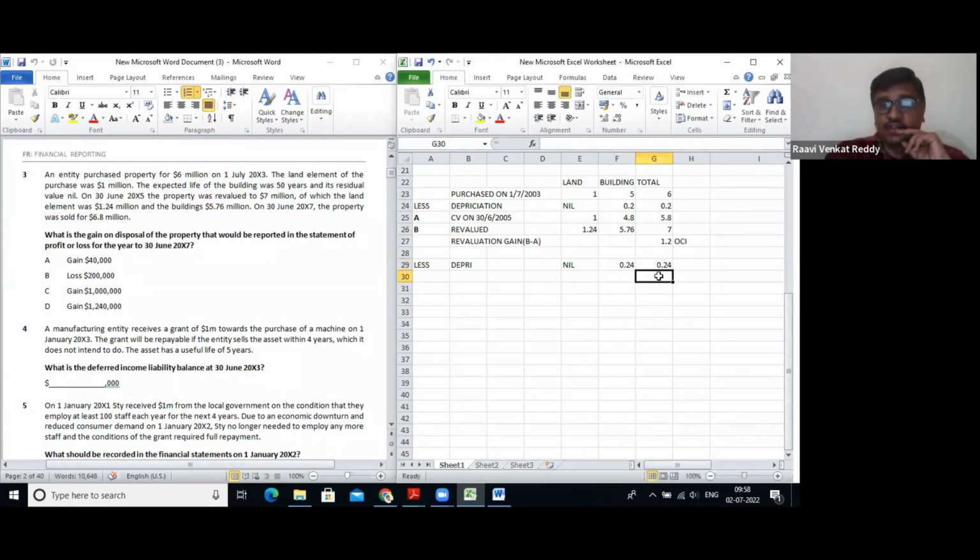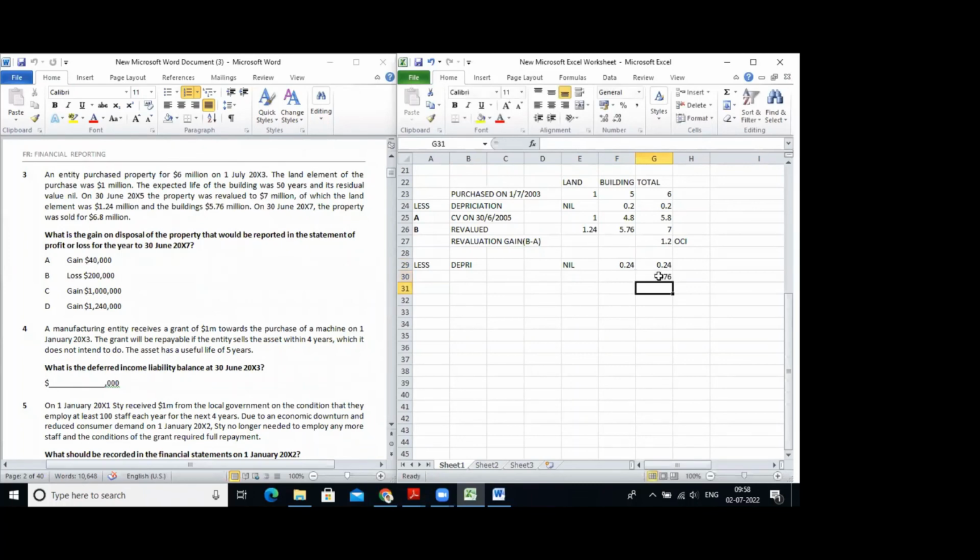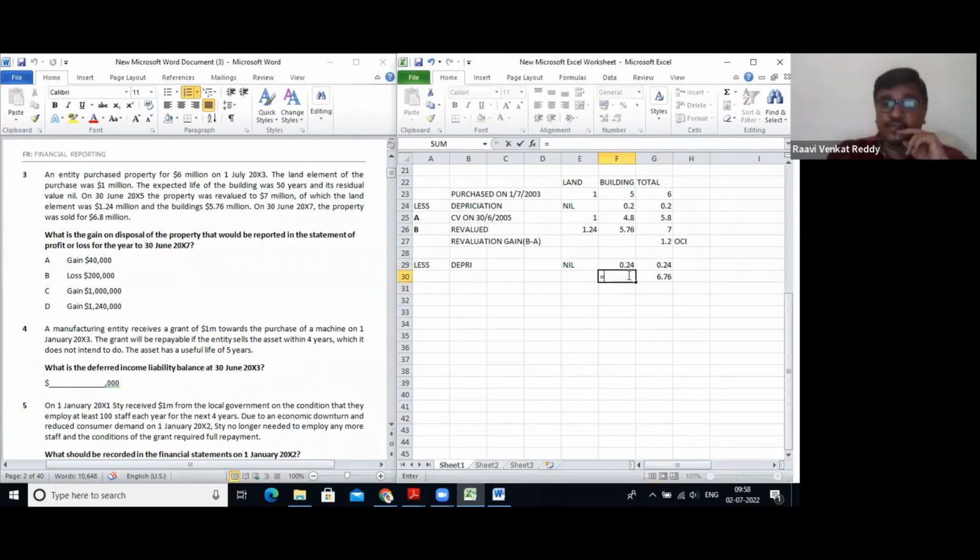So the carrying value of the building is 5.76 minus 0.24, and there will not be any change on the land, that is 1.24.